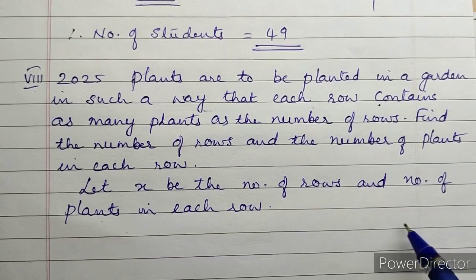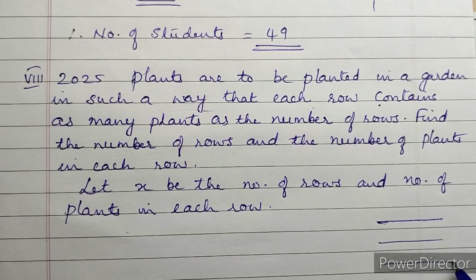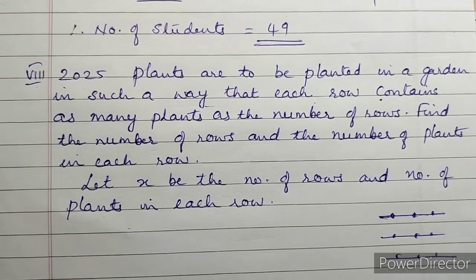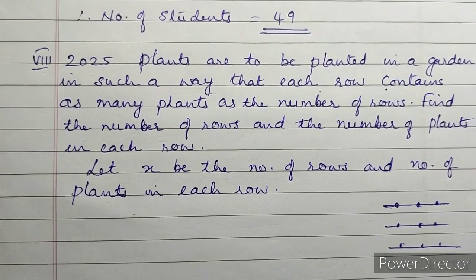Row means, like this. This is rows. See, for example, if in each row 3 plants are there, it means in all the rows 3 plants will be there. So the number of rows and the number of plants in each row will be the same. So this is the way. Now, total number of plants and total number of rows are x only.